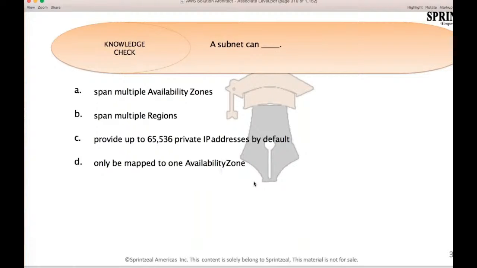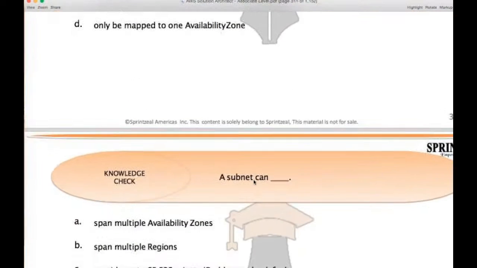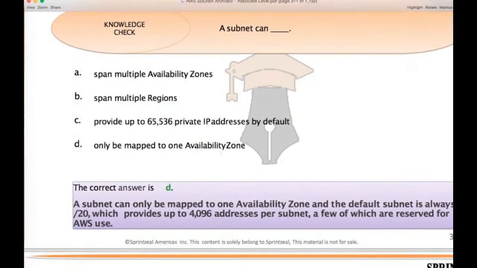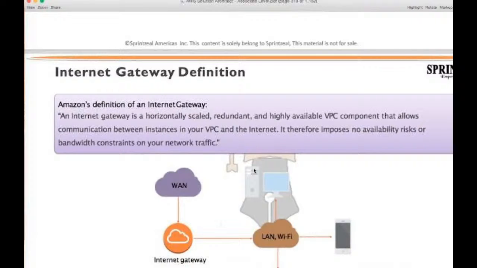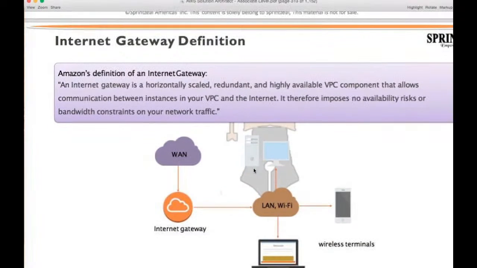So this is a straight answer that we have looked into in the previous slides. In the next slide, we'll talk about internet gateways, using internet gateways in Amazon VPC, how they work and what they do.